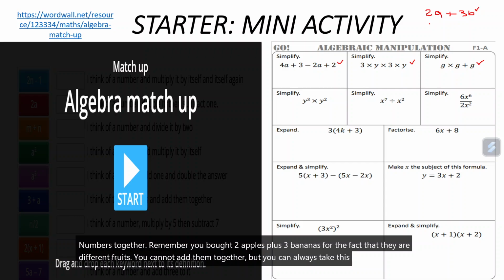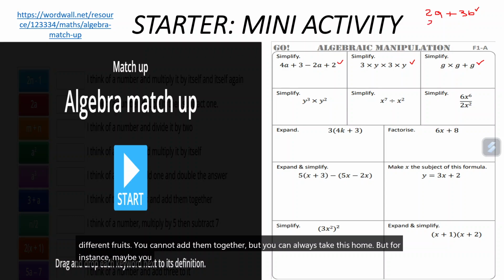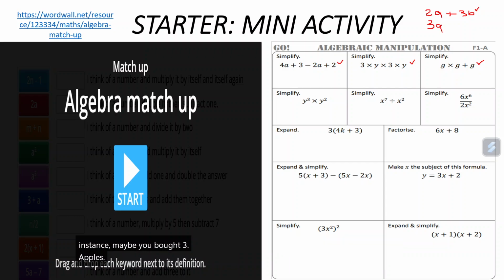But for instance, maybe you bought three apples, three A, plus then maybe mom or dad gets another, let's say, four apples for you.